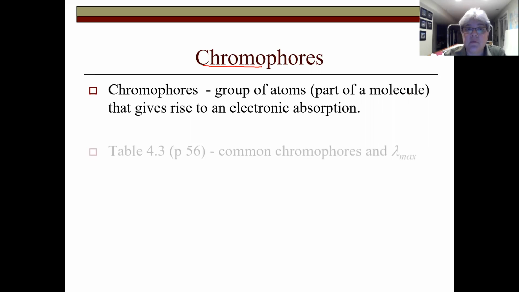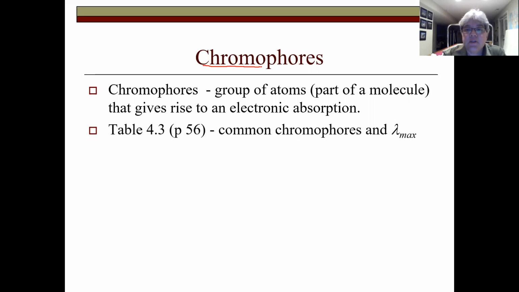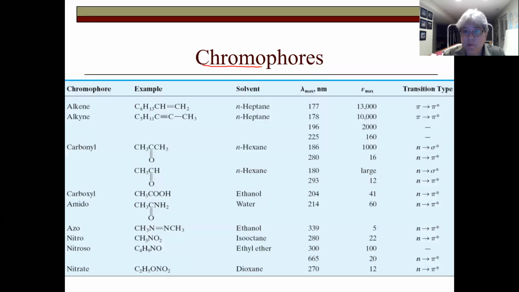In that table I showed you before, this chromophore is an alkene, this C double bond C, and it told us this is about where it absorbs, about 177. Carbonyl, this right here, is the chromophore. That's the part of the molecule that absorbs.